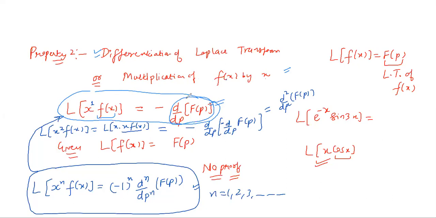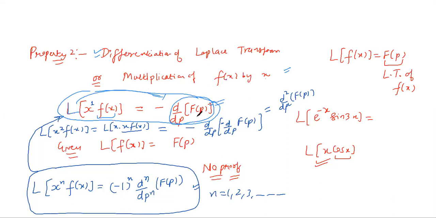Because after a few more properties, we will introduce inverse Laplace transform. So every property you are using for Laplace will be equivalent for inverse Laplace, because you just have to take inverse to both the sides, this L will go to this side. So that's why you try to connect that differentiation of one thing is equivalent to the multiplication of x on the other side. Is that clear?